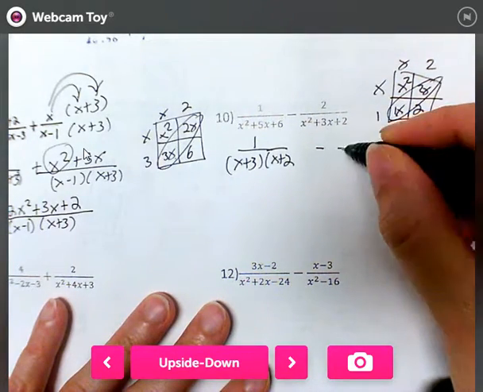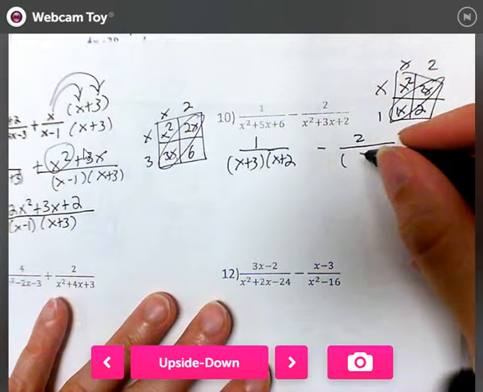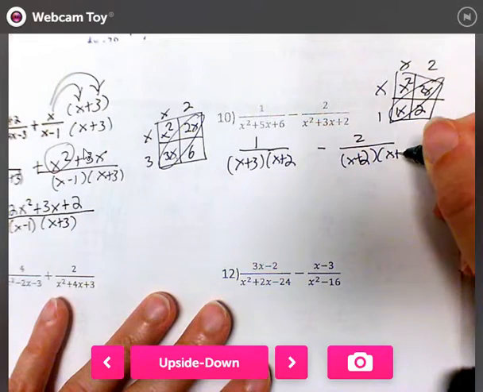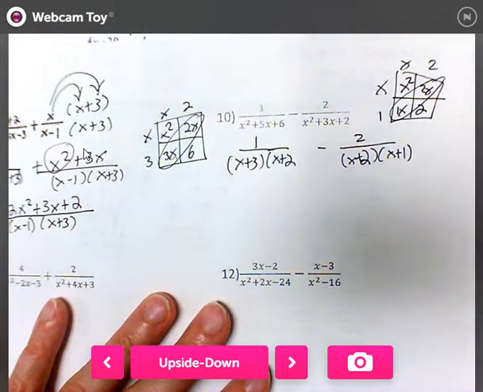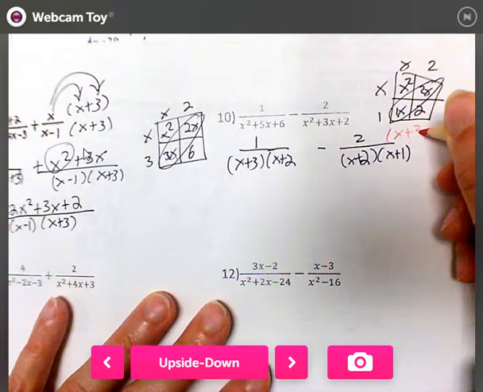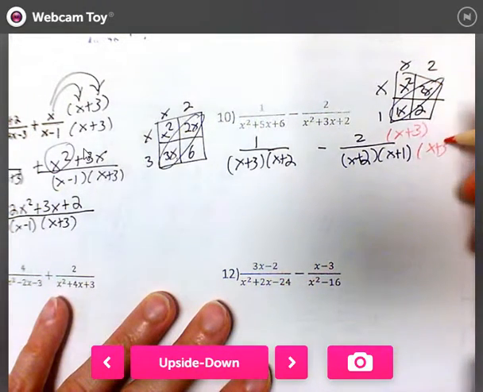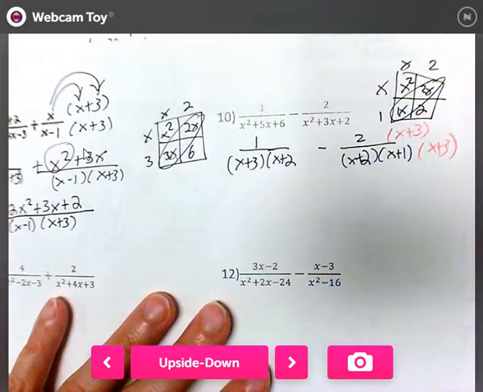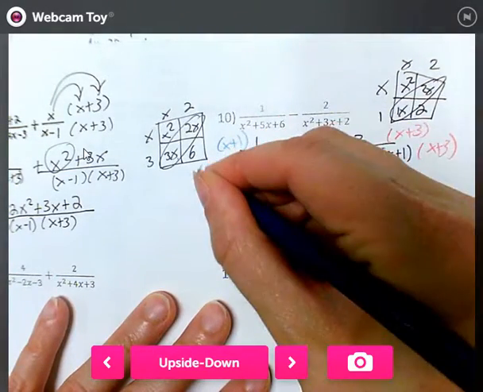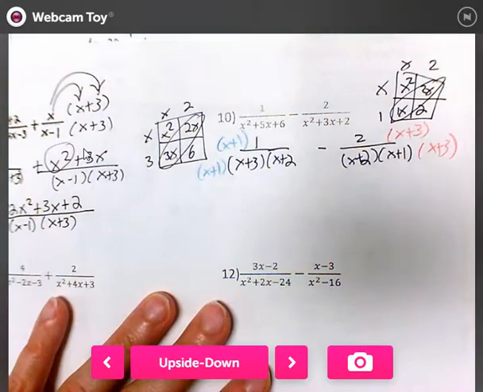So this gives me minus 2 over x plus 2 times x plus 1. What this means, guys, is I am literally going to have to multiply this top and bottom by x plus 3. But on the other side, I'm going to have to multiply this top and bottom by x plus 1. Then we have 3 things on the bottom, but they're the same.